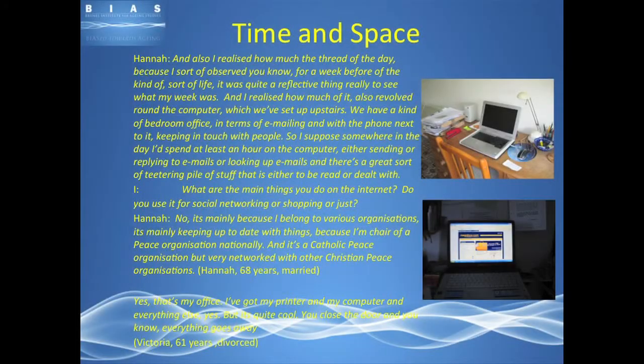These technologies and the different connections can also shape our daily lives, our space and our time as we experience it. So Hannah says, "I realised how much of a thread of the day it was. I observed for a week, quite a reflective thing, and I realised how much of it revolved around the computer.